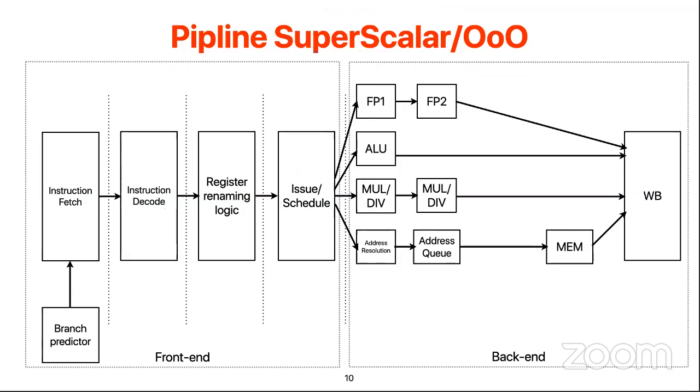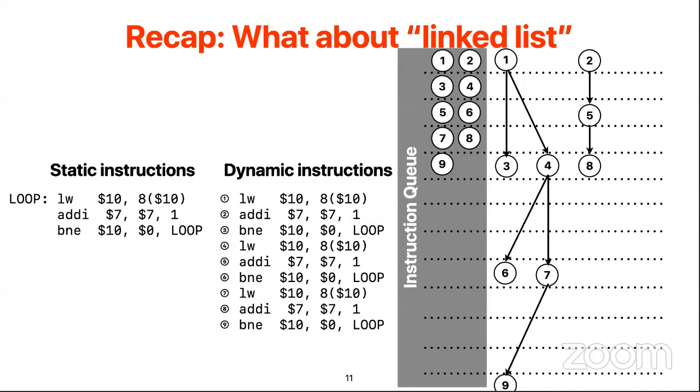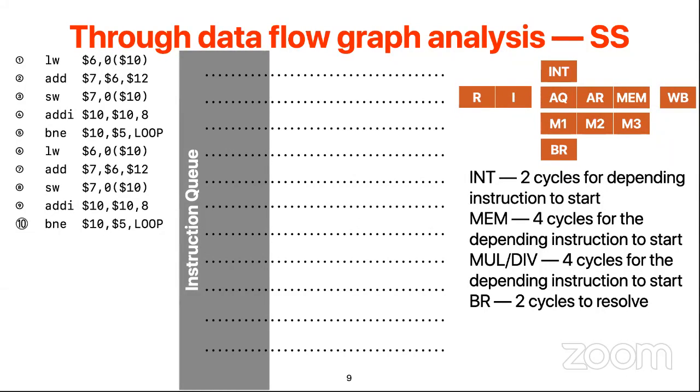So if you have the same piece of code, and right now I say it's a two-way superscalar processor, you can imagine each cycle we are going to get 2 instructions at the same time.